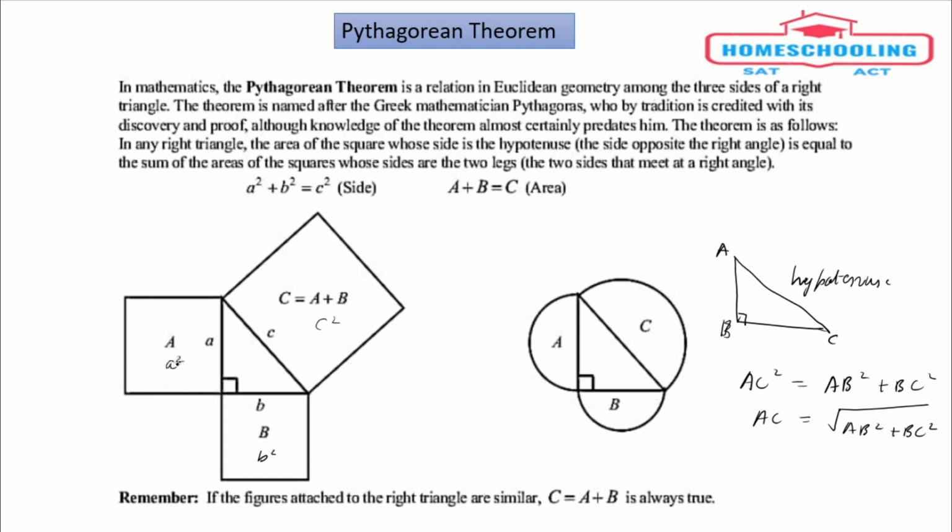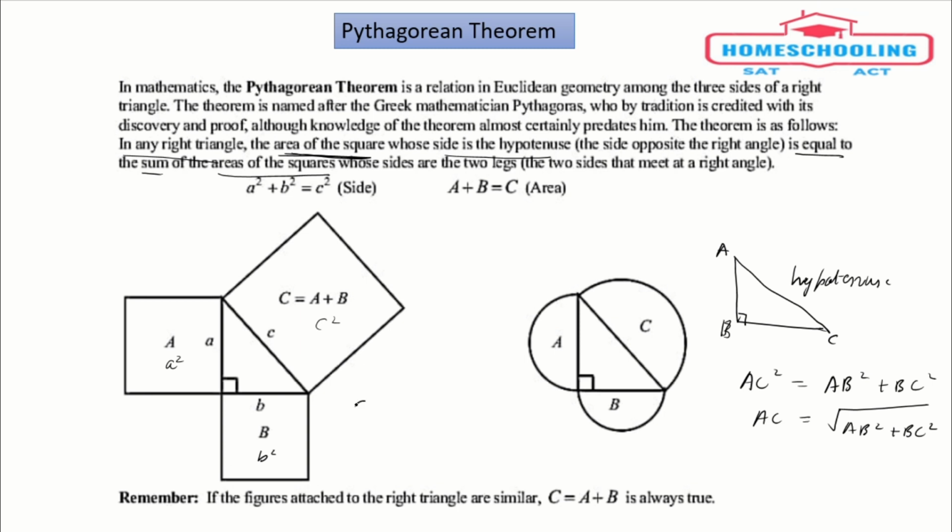how much? A square. So as per the Pythagoras theorem, in a right triangle, the area of the square whose side is the hypotenuse is equal to the sum of the areas of the squares on the other two sides. This square's area would be equal to the sum of the areas of these two squares.